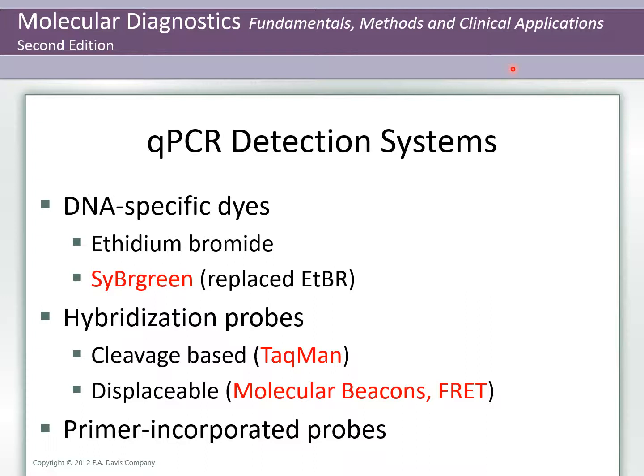SYBR Green is also advantageous because it's more specific and has more robust fluorescence than ethidium bromide. The use of probes to generate fluorescence have also been employed as a means of detection of DNA. Hybridization probes such as TaqMan have been developed that use the natural 5' to 3' exonuclease activity of Taq polymerase to generate a signal. Molecular beacons are another probe-based detection system that measures the accumulation of a product at the annealing step in the PCR cycle.